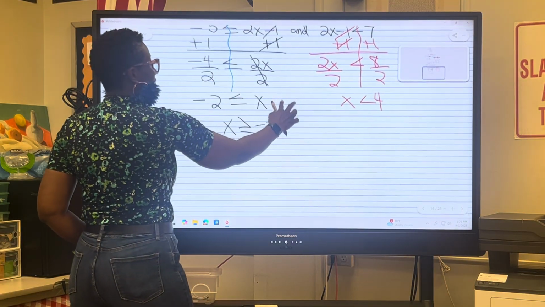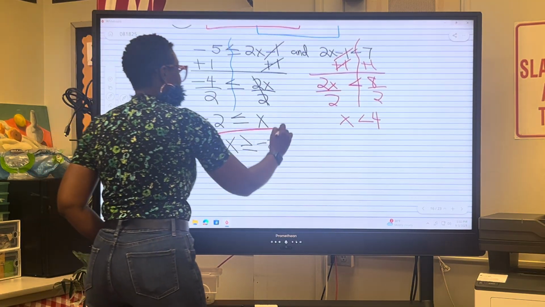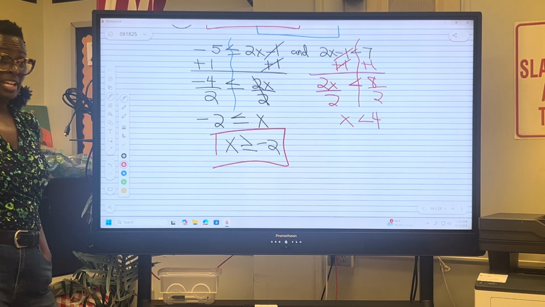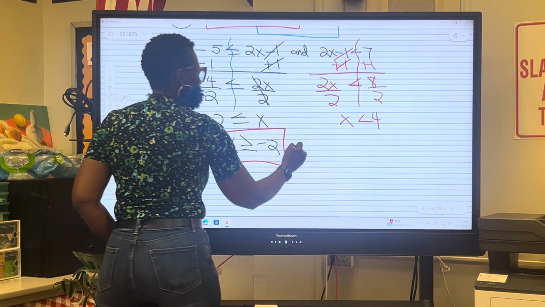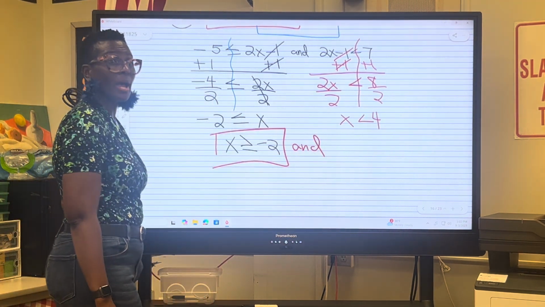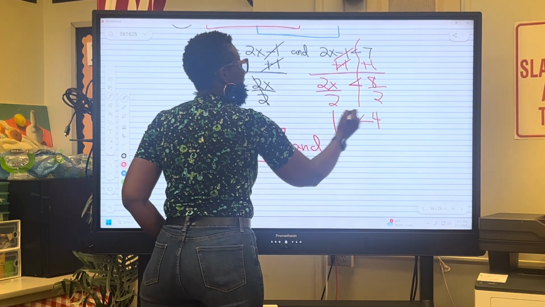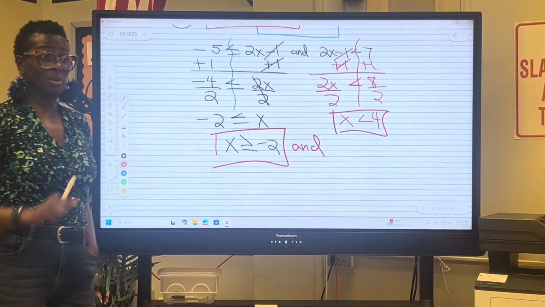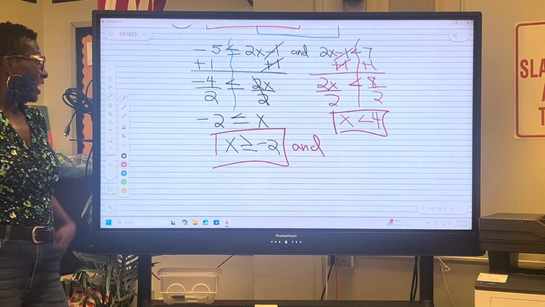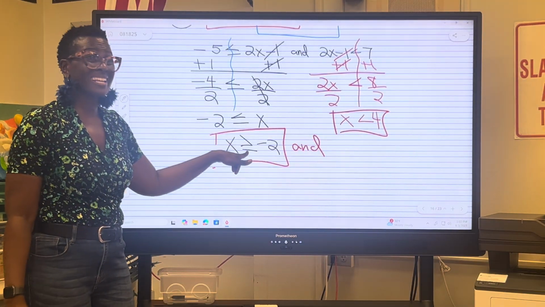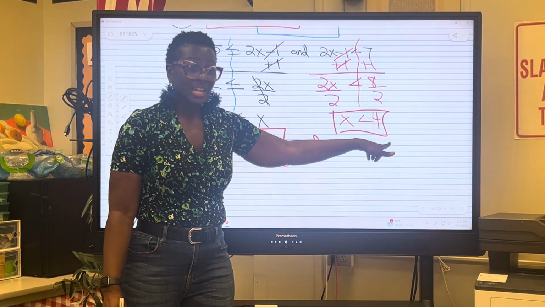So what's your first condition? It must be greater than or equal to negative 2, and it must also be less than 4.